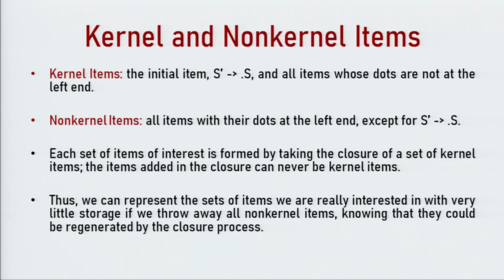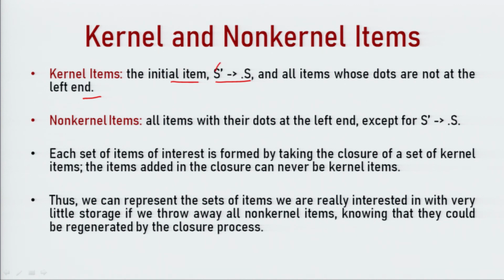Now, next is kernel and non-kernel items. So, what is a kernel item? The initial item S prime to dot S, and all items whose dot is not at the left end. The item S prime to S dot, what does this S mean?